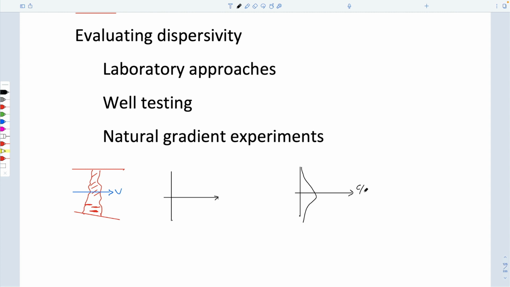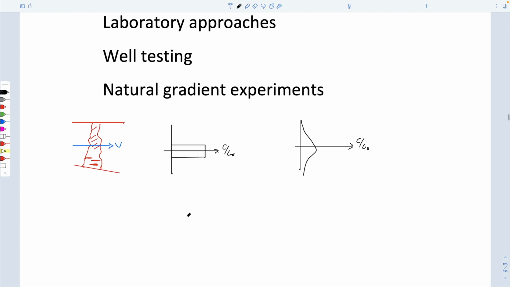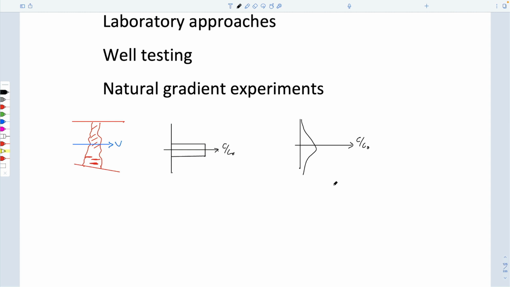And so I guess this is our modus operandi. We don't change colors. That looks something like this. And we describe this behavior in terms of this advection dispersion equation.